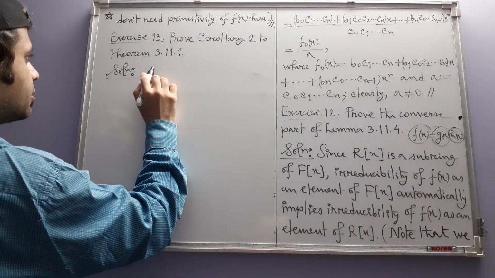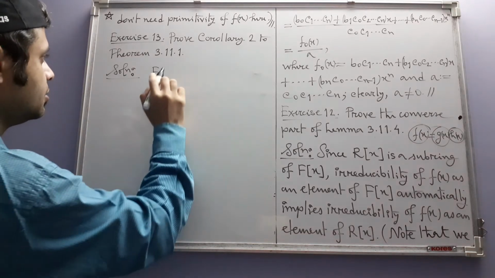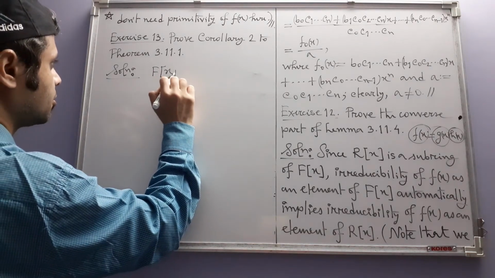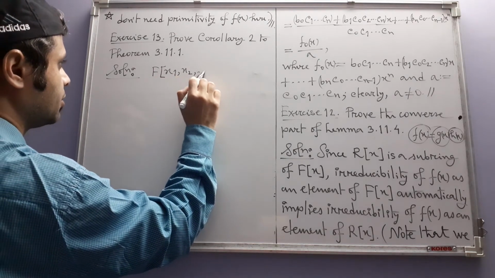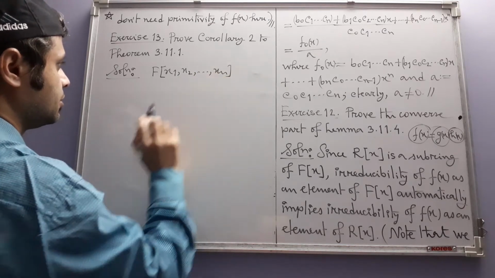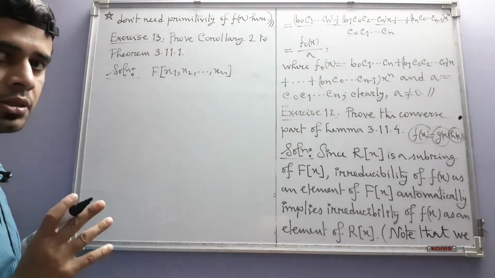It says that if F is a field, then this polynomial ring in several variables is a unique factorization domain.